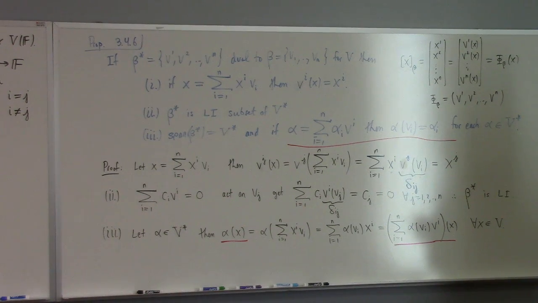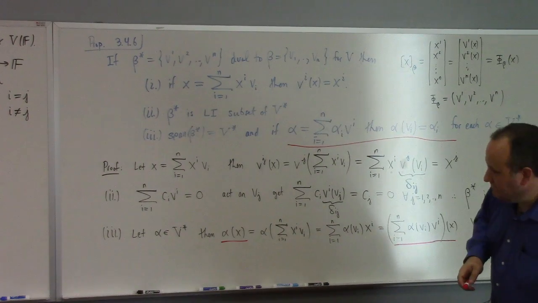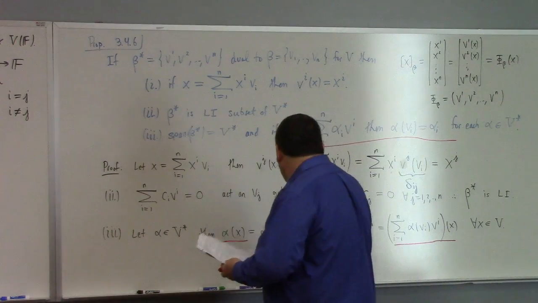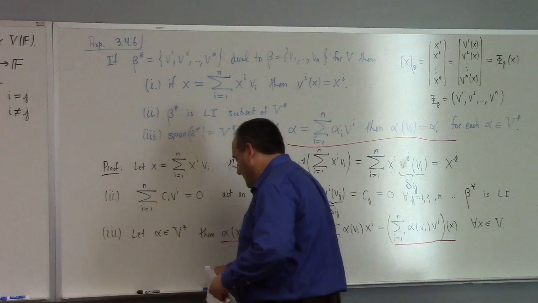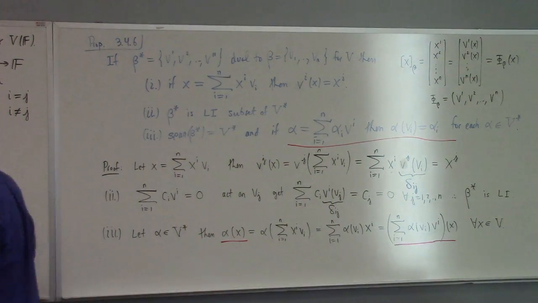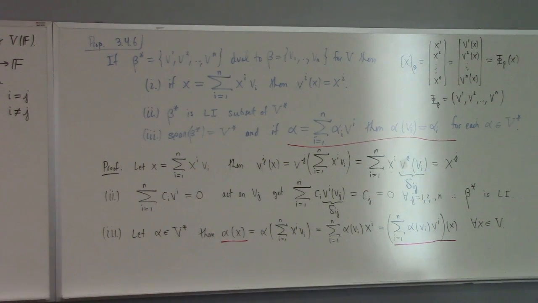So put this all together, the dual basis is a basis. Yay! And its significance, in part, is that they're the component functions of the coordinate map.